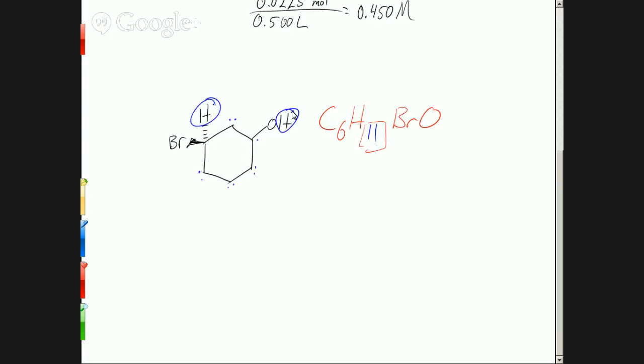Yeah, okay. So this is similar to the one we just did. Let's reword it a little bit so it's slightly different from the one that we just did. This one says, calculate the molarity of a solution that contains 200 grams of sodium hydroxide dissolved in 400 milliliters of solution.